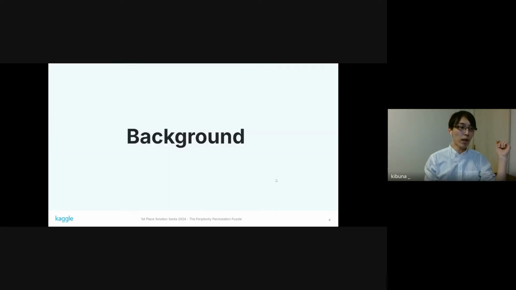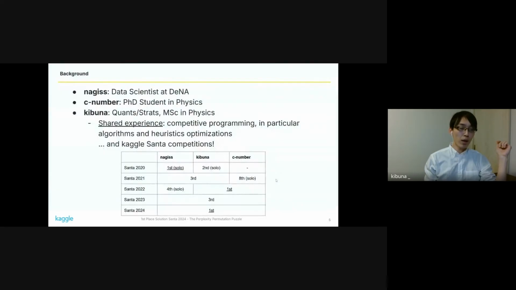Okay, so the background. Our team consists of 3 Kaggle competition grandmasters, each with a different professional background. Nagis is a data scientist at a tech company, and C number is a PhD student in physics, and I'm a quant at an investment bank.